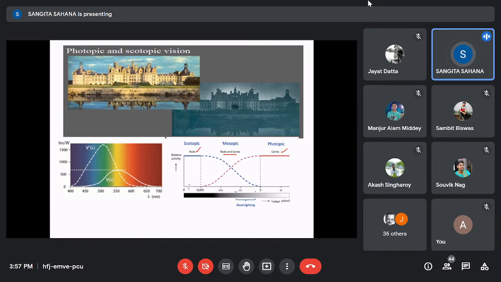So when the light level is increasing, the number of cone cells participating in vision is increasing. After 5 candela, it's all cones. And when the light level is decreasing, the rod cells are increasing. And below 0.005, it's all rod cells. In between that, we have the mesopic vision.